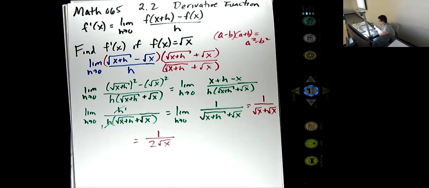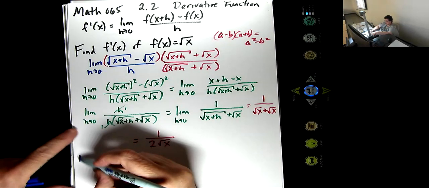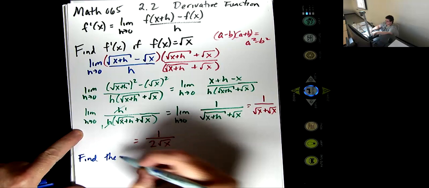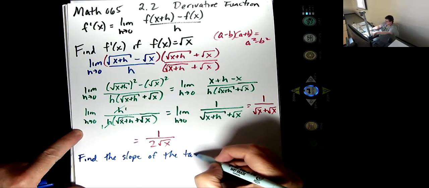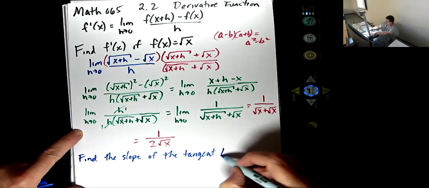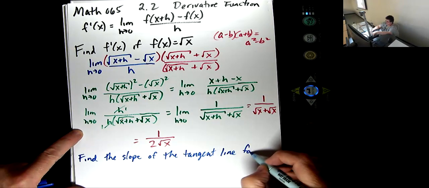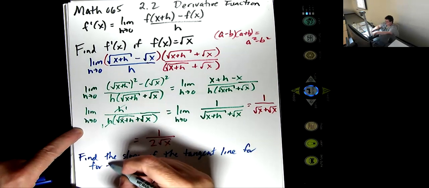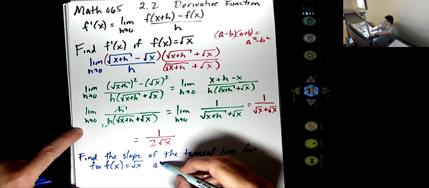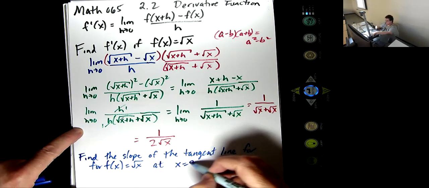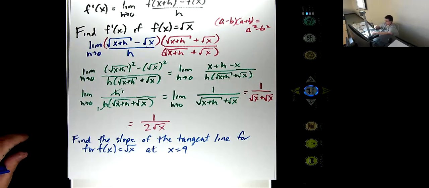Okay? So that's f prime of x. If we wanted to find the slope of the tangent line for f of x equals square root of x at x equals 9, we already have the formula.